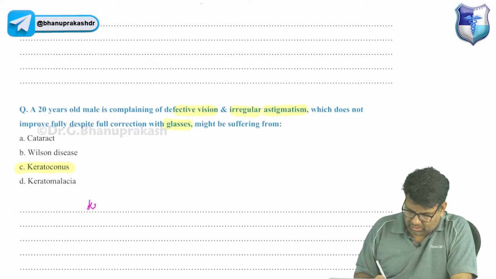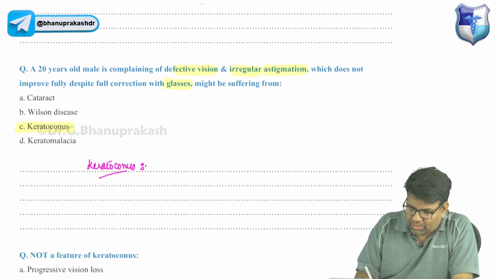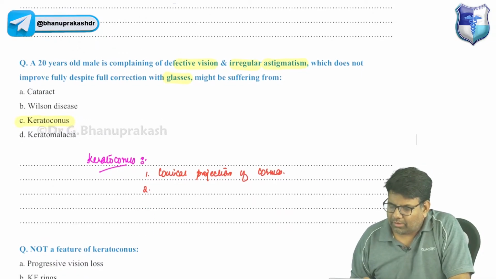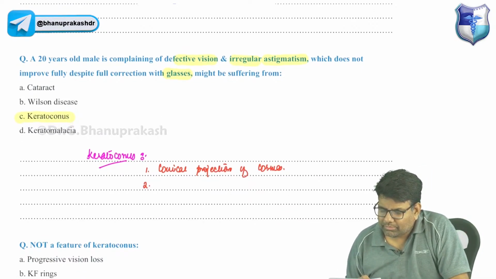In keratoconus, what points can you write? There is conical projection of cornea, and the curvature of the cornea is increased.